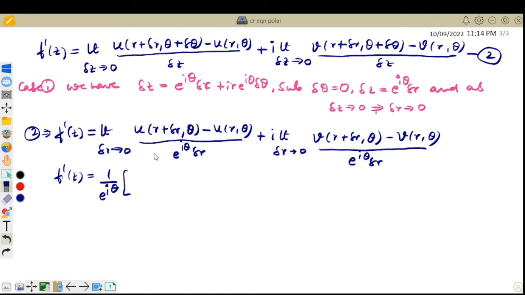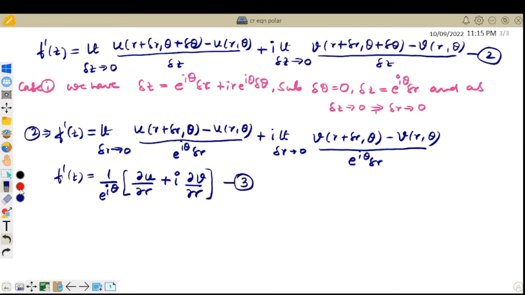The remaining is limit as delta r tends to 0 of u of r plus delta r comma theta minus u of r comma theta divided by delta r, which is the definition of the partial derivative of u with respect to r, plus i into this will become the partial derivative of v with respect to r, and call it equation number 3.